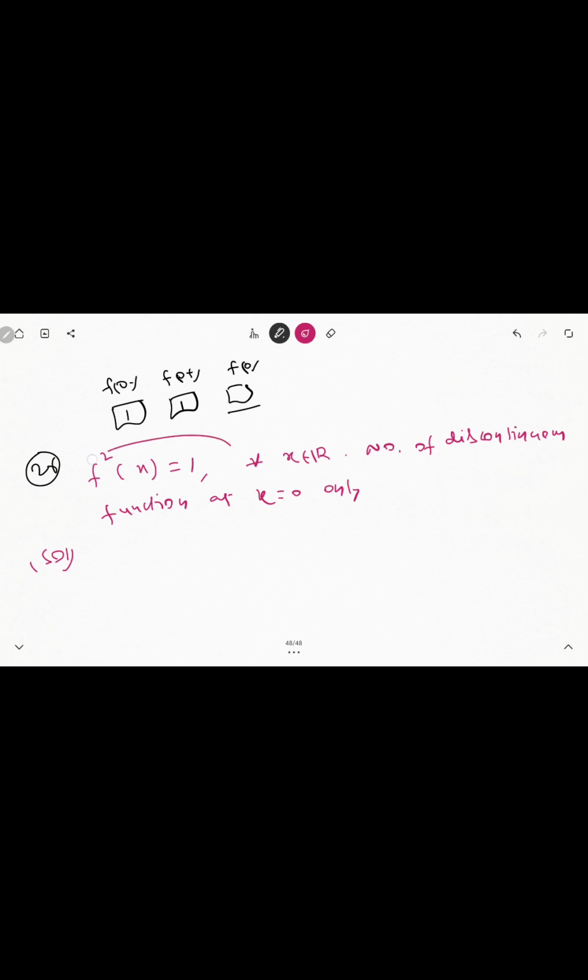So everywhere it is continuous, this function, but at x equal to 0 it should be discontinuous.